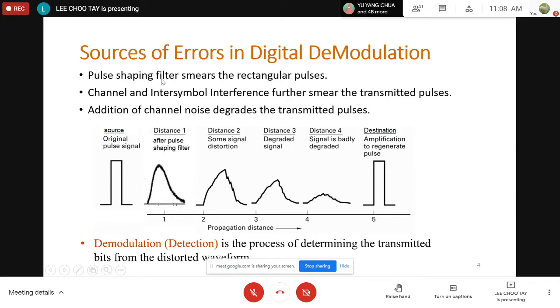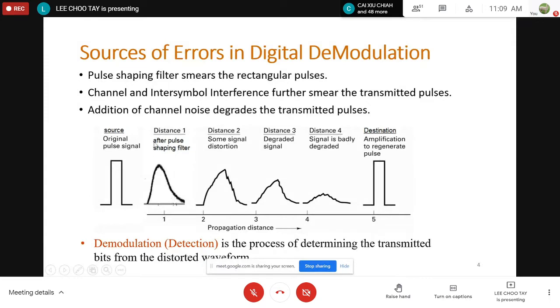Instead of transmitting rectangular pulses that require infinite bandwidth, we limit the bandwidth of the signals by passing them through pulse shaping filters. The pulse shaping filter changes the shape of the rectangular pulse to more like a sinc pulse or half of a sinusoidal pulse.